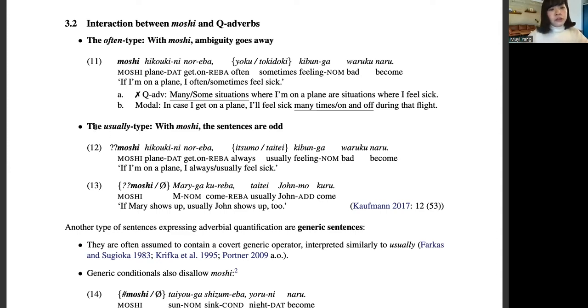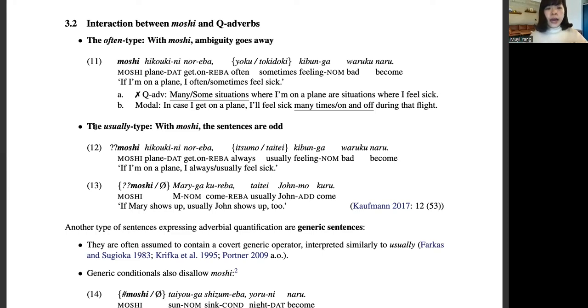Next, moving on to the usually type of Q adverbs. The observation is that with moshi, the sentences themselves get odd. So 12. もし飛行機に乗ればいつも大抵気分が悪くなる. If I'm on a plane, I always usually feel sick. In the previous example without moshi, I said that the sentence only has the Q adverbial reading.